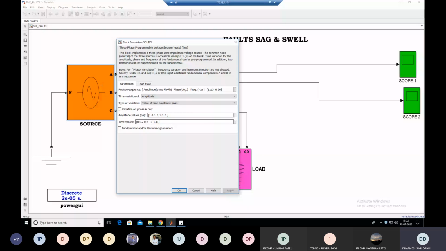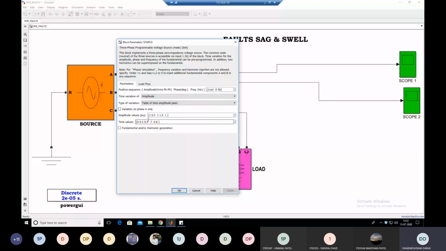Clear? This is very simple. By just putting the time in which you require voltage sag or voltage swell, just put the time and the corresponding value for voltage sag or voltage swell in the amplitudes. So you can observe that between 0.2 to 0.5 second, your voltage remains 0.5 per unit.